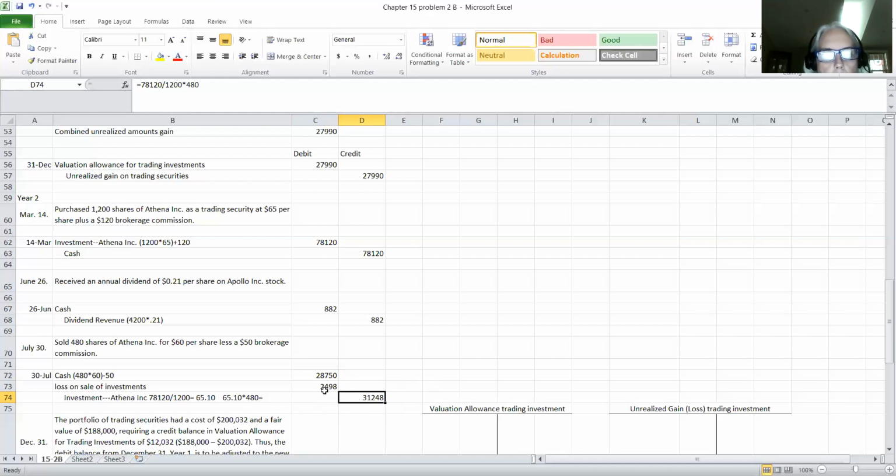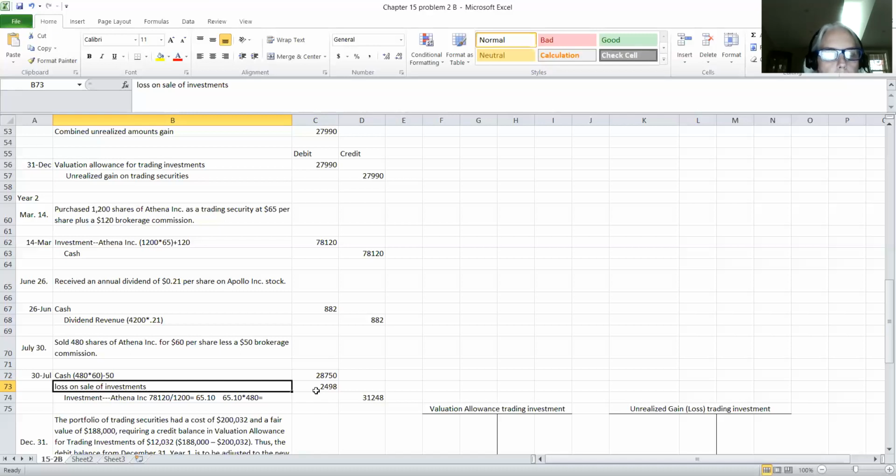There was a loss on the sale of investments. This loss on the sale of investments is an actual loss. The loss has happened, and so this loss on sale of investments would be increasing our losses.